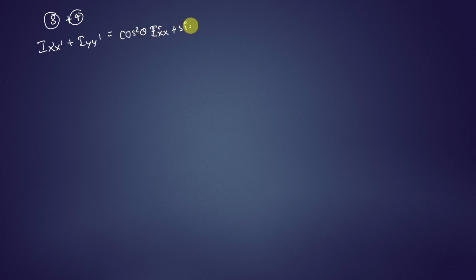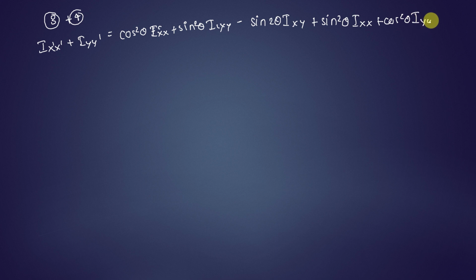If you add equations 3 and 4, that is Ix dash x dash plus Iy dash y dash is equal to cos square theta Ixx plus sine square theta Iyy minus sine 2 theta Ixy plus sine square theta Ixx plus cos square theta Iyy plus sine 2 theta Ixy. Right. So what will you get now?